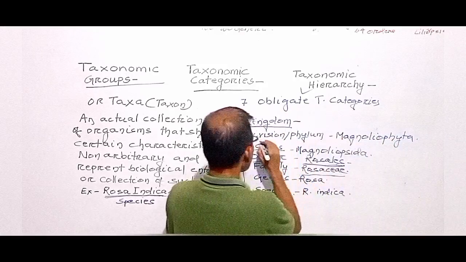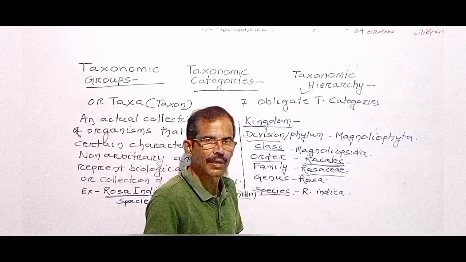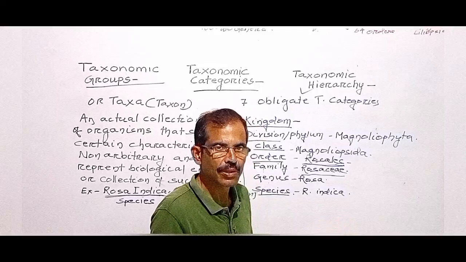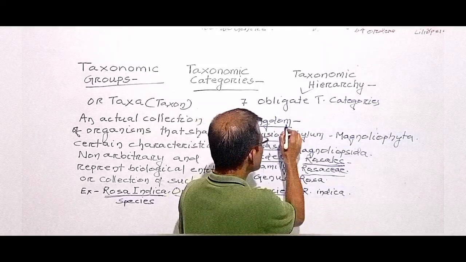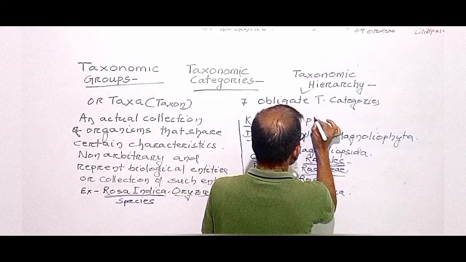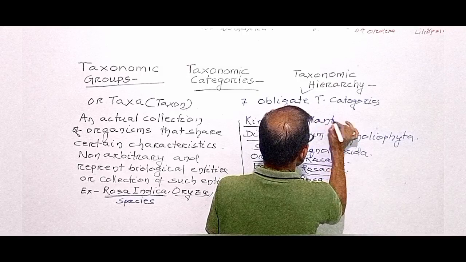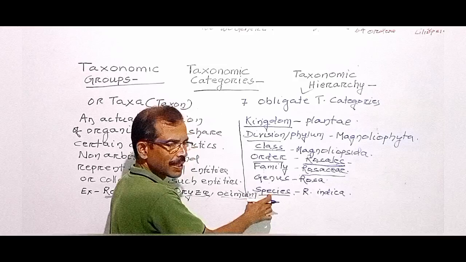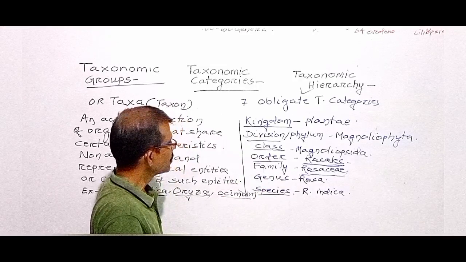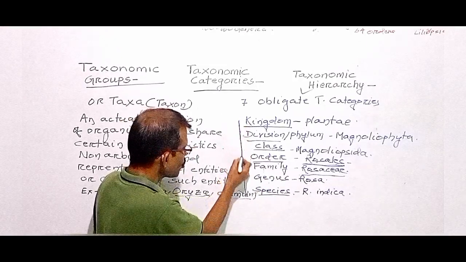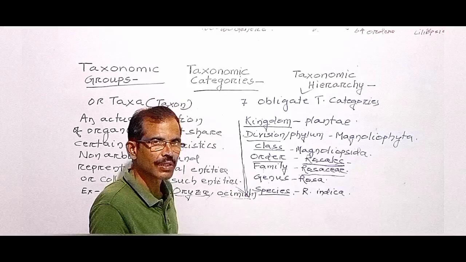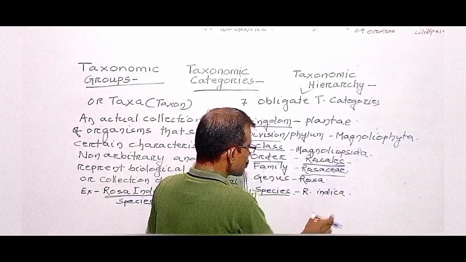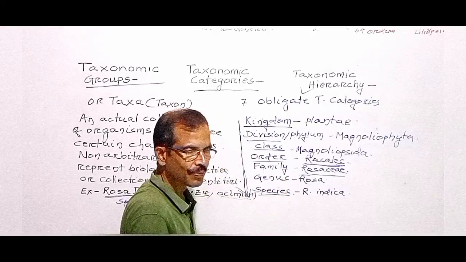It belongs to the category division. And finally, Magnoliophyta and other related divisions together form the kingdom, that is Plantae. Such type of arrangement of taxonomic categories from most general to most specific is known as taxonomic hierarchy. These are the taxonomy groups and these are the categories.